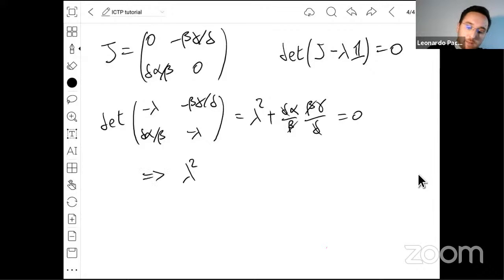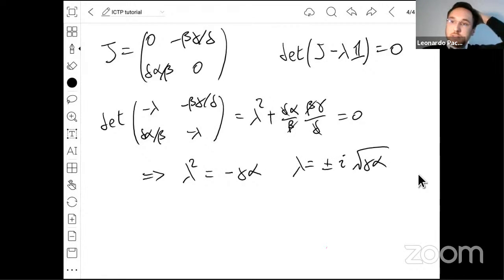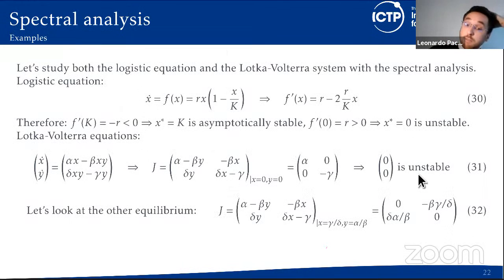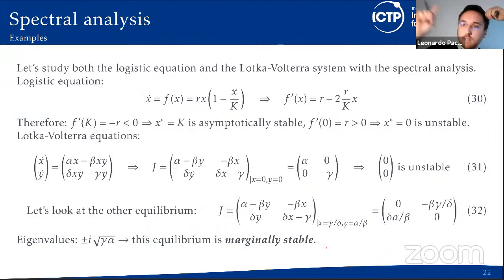So lambda will be plus minus the imaginary unit times the square root of gamma alpha. So basically, this means that the Jacobian matrix of the Lotka-Volterra equations in the non-trivial equilibrium has only purely imaginary eigenvalues. So this means that, if you look at what I've told you before, this equilibrium here is actually marginally stable. Is everything clear here?